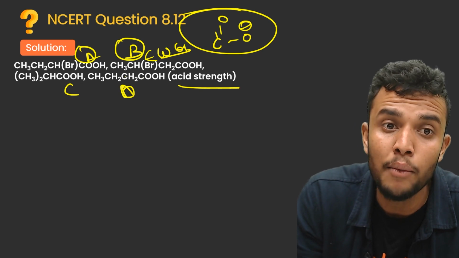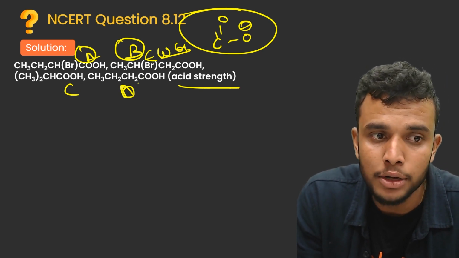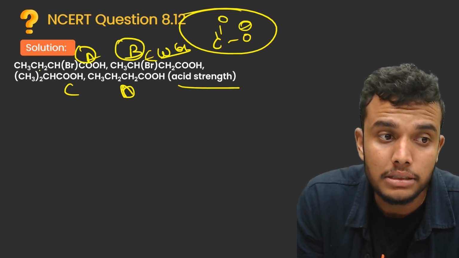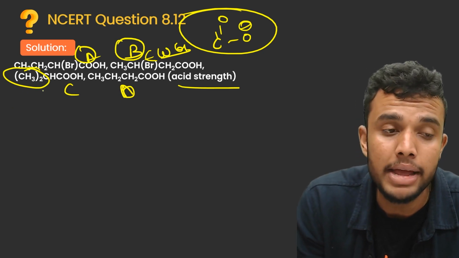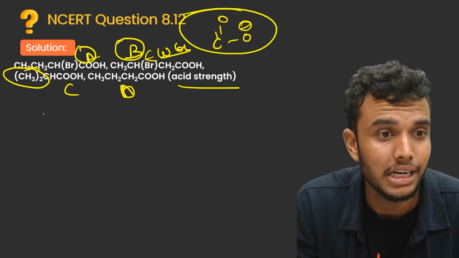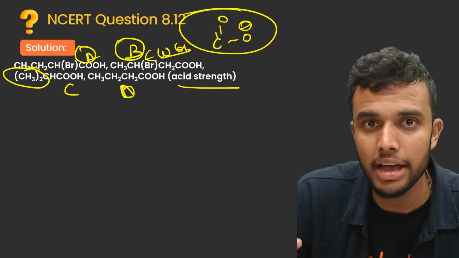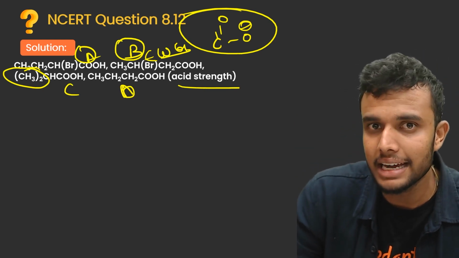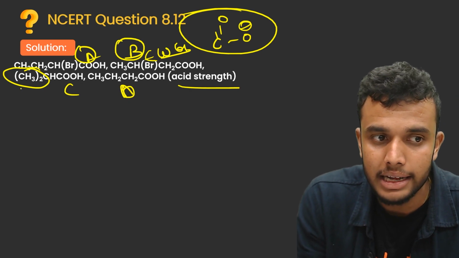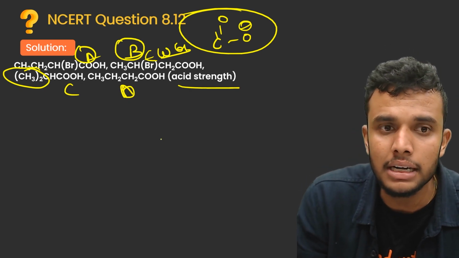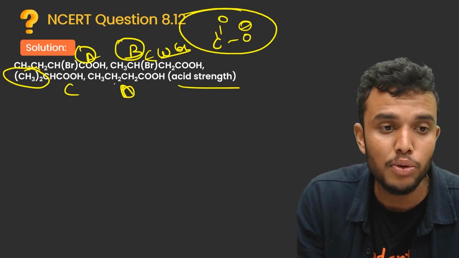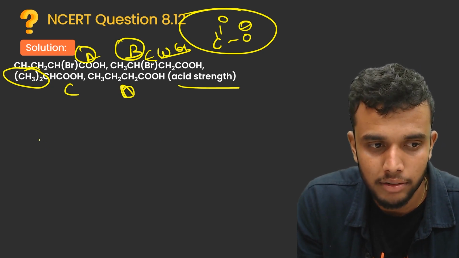Right? That's why it has high acidic strength. Compared to these two, here the substituent methyl group is present at the same carbon. That's why compared to D, C has high plus I effect. It gives high electrons towards the central carbon atom. Right? That's why the first one is C.